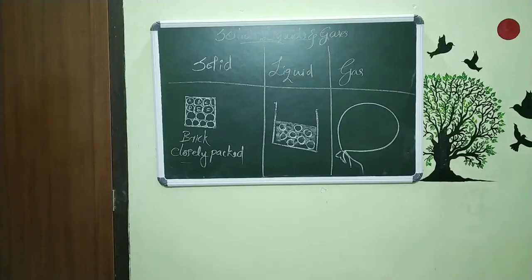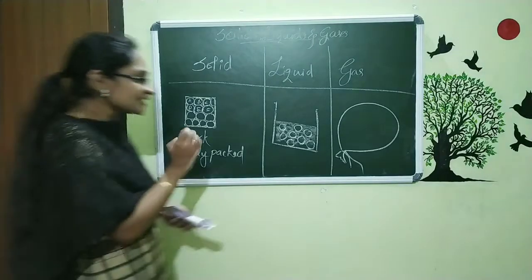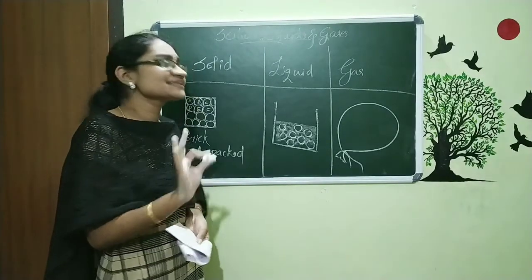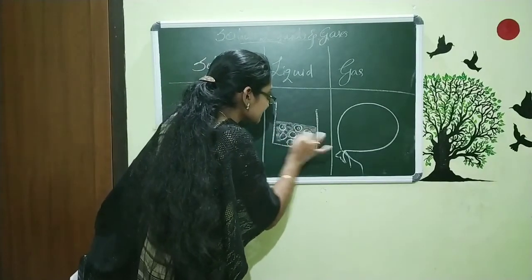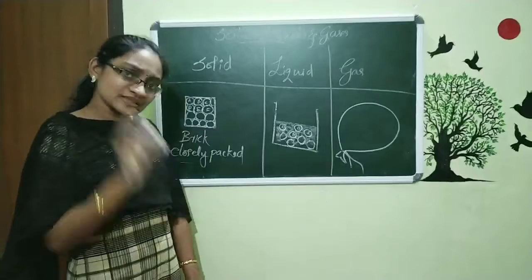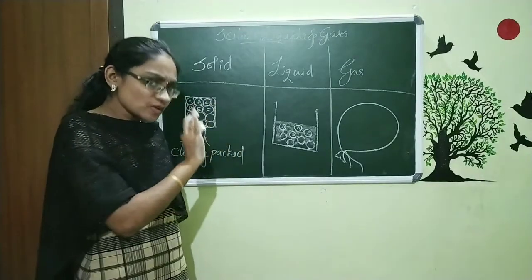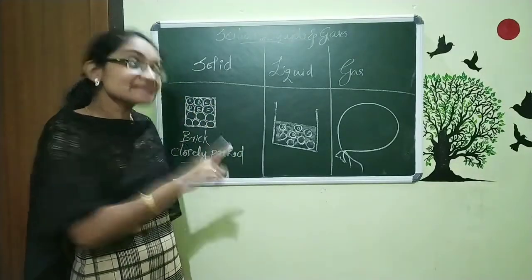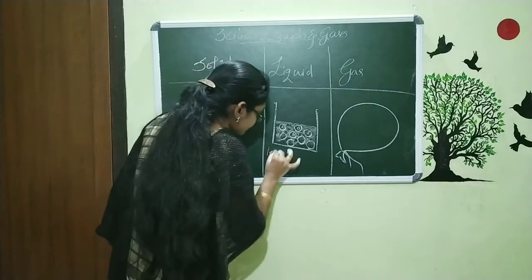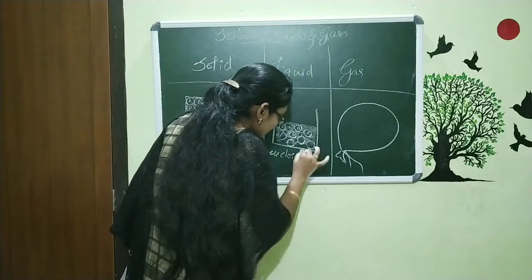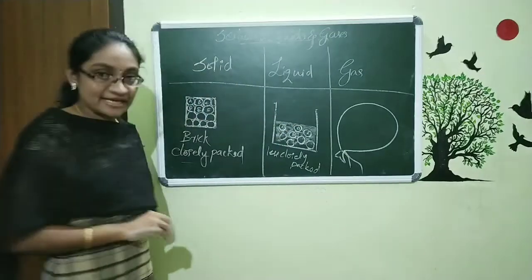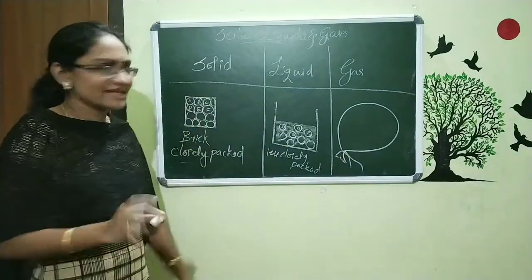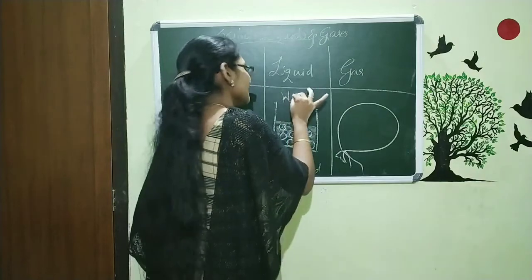Through the microscope, you can see that there are some spaces between the molecules A, B, C, D. All the particles are closely packed, but they are less closely packed. About the liquid, we are just selecting water or petrol, anything.